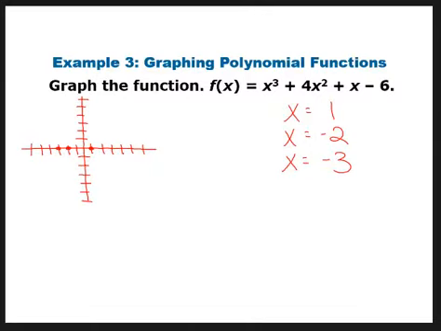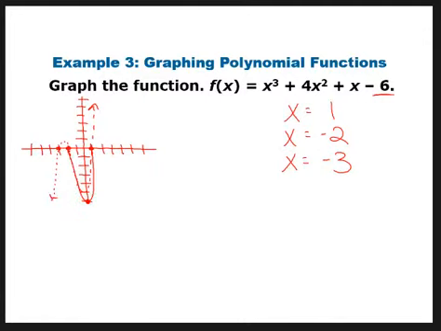So again, we're looking at a graph that's probably going to be something along those lines. Now again, my y-intercept is -6, so 1, 2, 3, 4, 5, 6. So again, we'd probably be down here a little bit lower. So this part I can be a little more sure of that it's going to go like that.